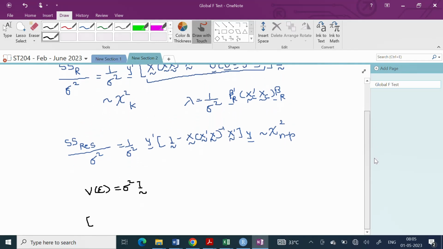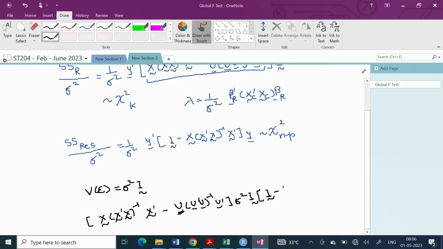So let me write that first: X (X prime X) whole inverse X prime minus u (u prime u) whole inverse u prime, into sigma square I coming from variance of epsilon, into I minus X (X prime X) whole inverse X prime.